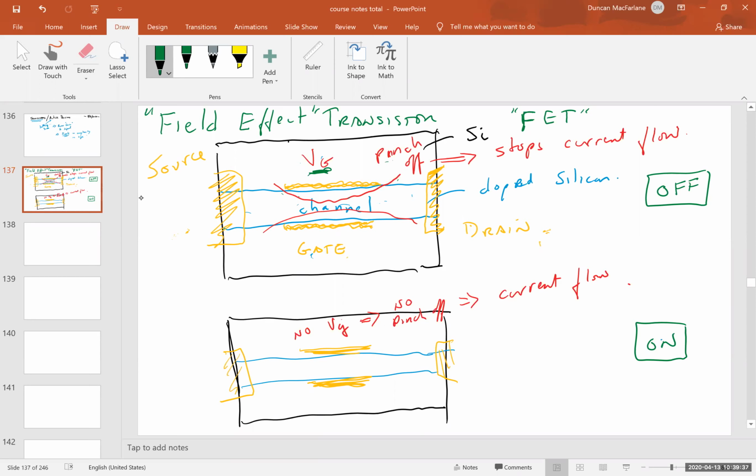And the other reason that I wanted to talk about FETs and not the other types of transistors was that the FET, this field effect transistor, is far and away the dominant structure. Every single memory chip, or almost every single microprocessor that's out there uses field effect transistors in a process called CMOS.